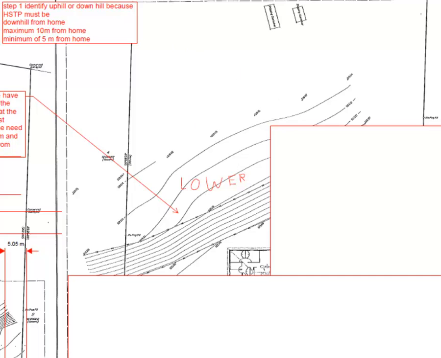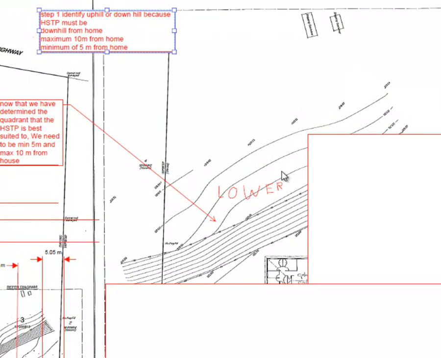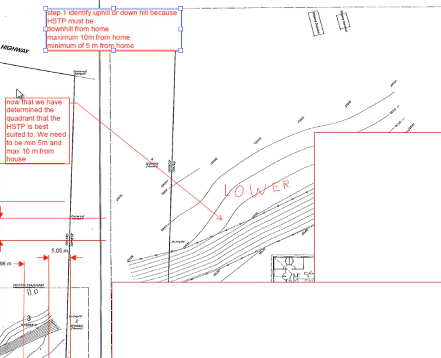So now we've identified the areas that we don't want to build it, so that only leaves one small area. It's basically the downhill side of the house and the quadrant of the house that is least likely to be viewed by the client.